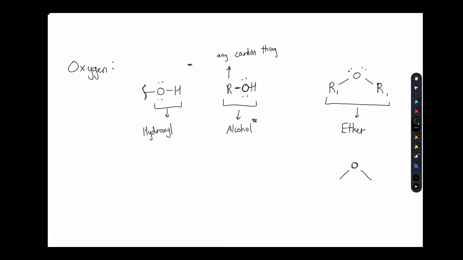We'll talk about the naming of these compounds as well in a future lecture. It's also possible for these 2 things to be different. The thing that makes this an ether is that we have an oxygen connected to 2 different R groups, where with the alcohol, it's important to note that one of those things is a hydrogen.